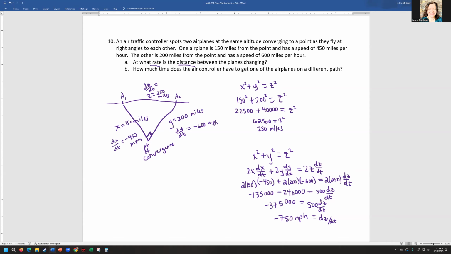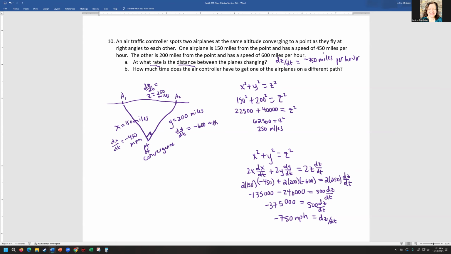Those were fixed sides. They couldn't change their size. But here all the stuff is converging together. So everything is losing distance per hour. So that is the rate. So that's the first part. So dz dt is negative 750 miles lost per hour.